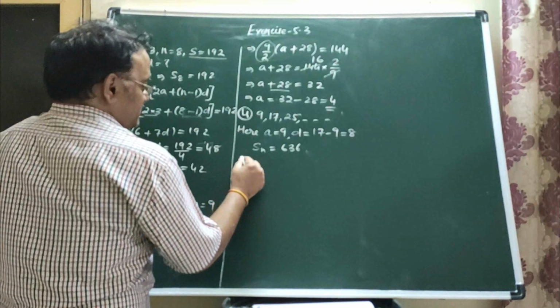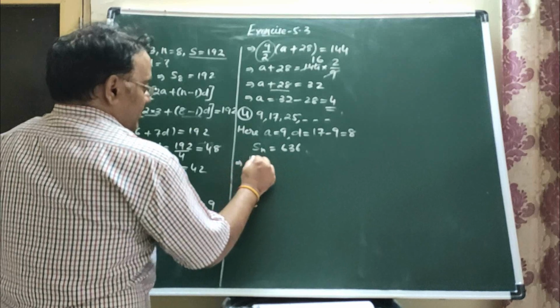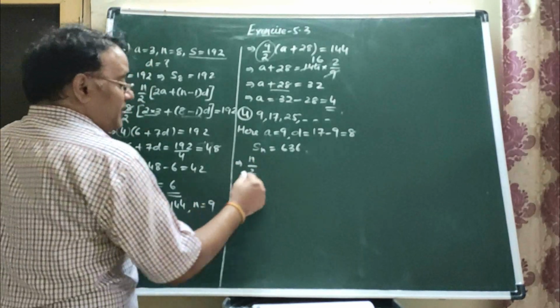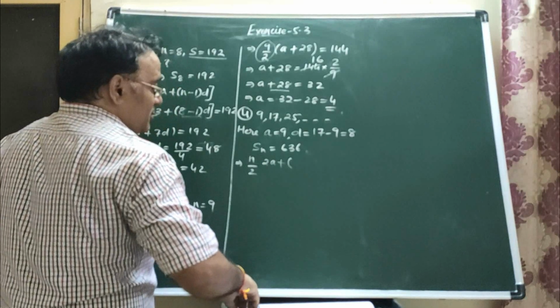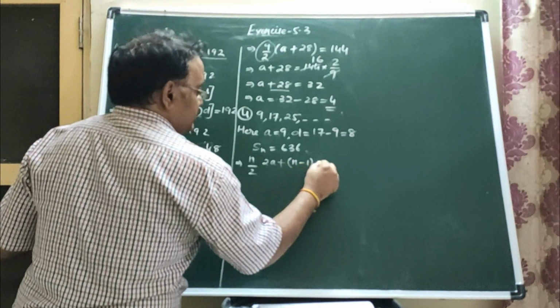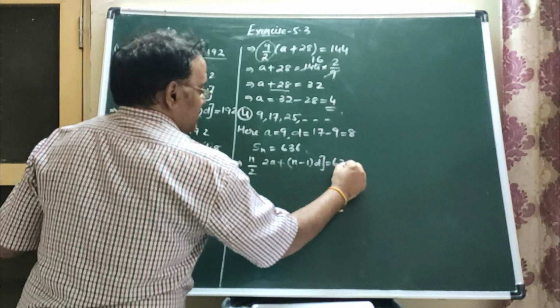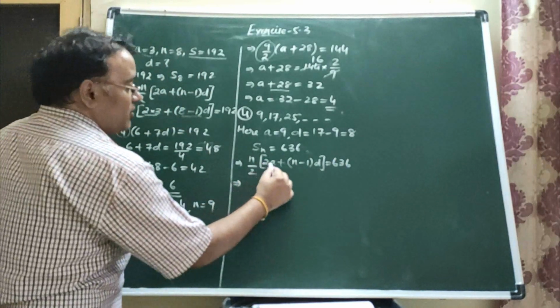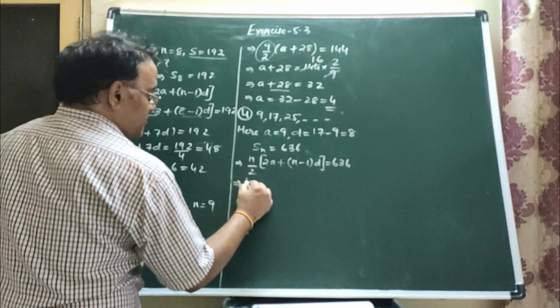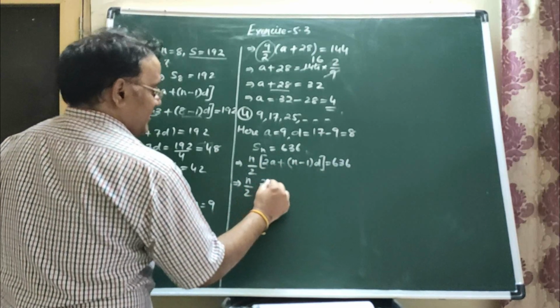So Sn का फॉर्मूला n by 2 2a plus n minus 1 into d is equals to 636. Now substitute the value of a and d in this equation. What is a? 9.